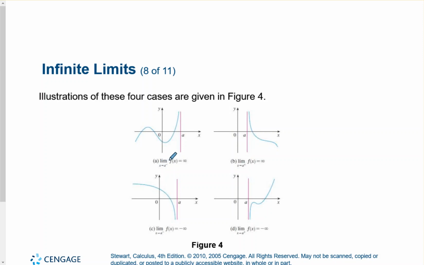Limit as x approaches a from the left is going to infinity. Limit as x approaches a from the right is going to infinity. Limit as x approaches a from the left will be negative infinity. Limit as x approaches a from the right will be negative infinity.